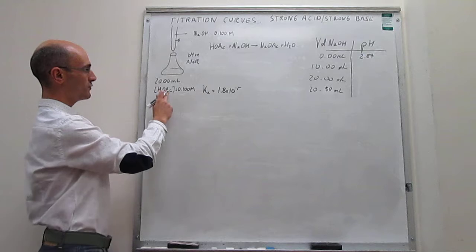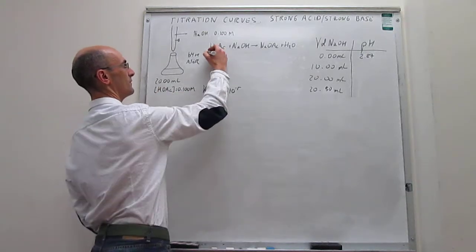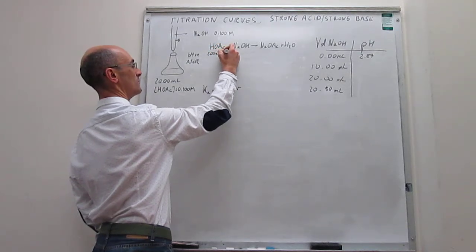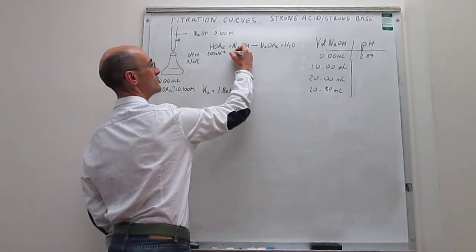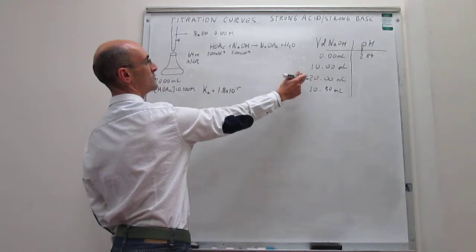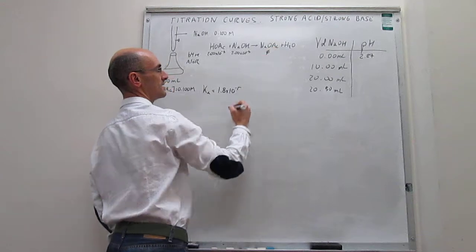Initially we have 20 mL of 0.1 molar of the acid. That means that you have 2.00 × 10^-3 moles of acid. You add 2.00 × 10^-3 moles of base, because that's 20 mL, 0.1 molar, and then you initially don't have any acetate.